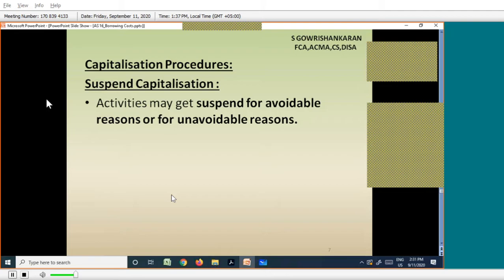Say, due to Corona, for example 2 to 3 months of national lockdown, I'm not able to construct my building. Is it an avoidable reason or unavoidable reason?